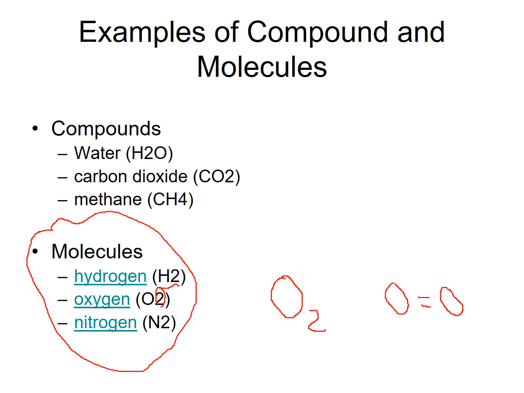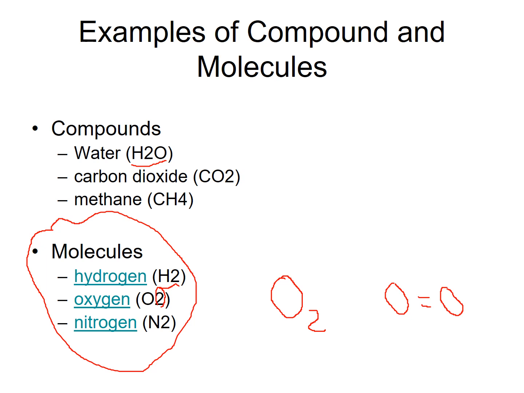Whereas up here you have actual compounds. So there are 2 different elements that are bound together. So that's different. Molecules, compounds, right? So all compounds are indeed molecules, but not all molecules are compounds.